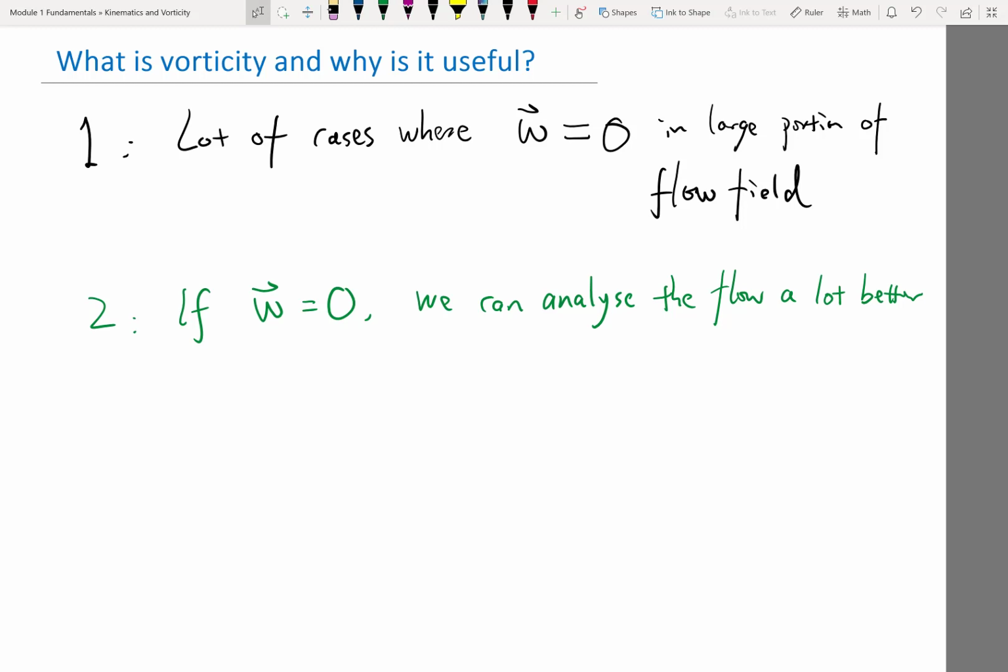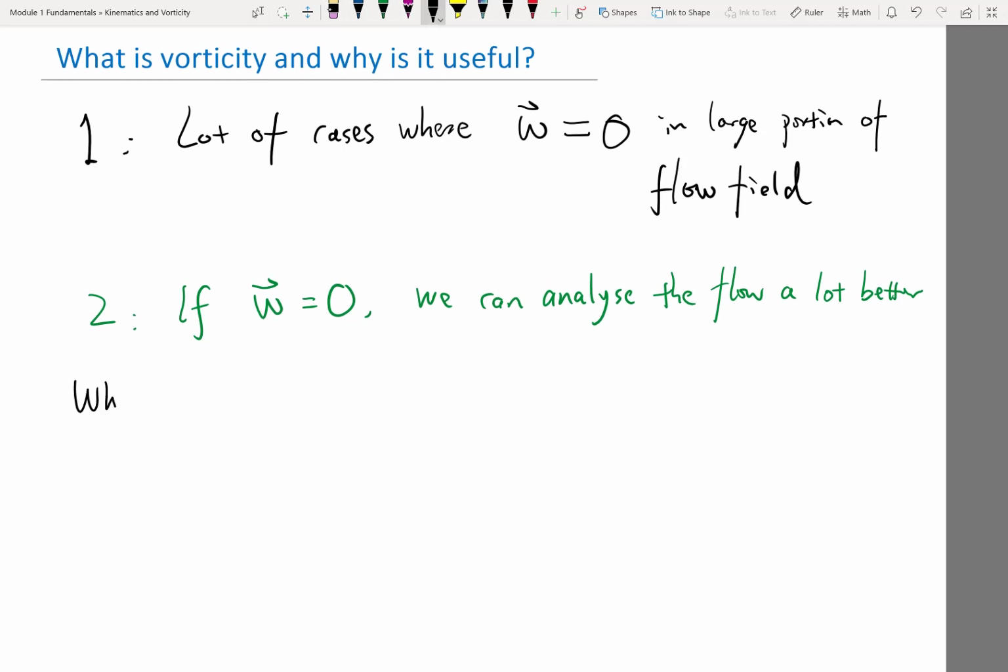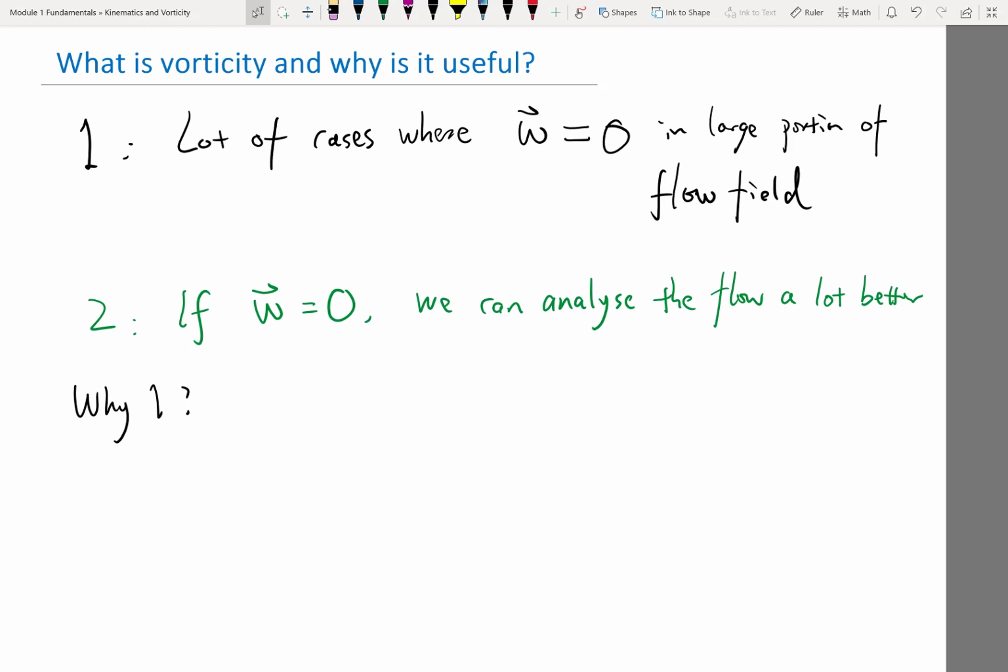So that actually involves a little bit more derivation. So why 1? So let's consider the momentum equation. And we are going to figure out, from the momentum equation, what is the governing law of omega, of vorticity.